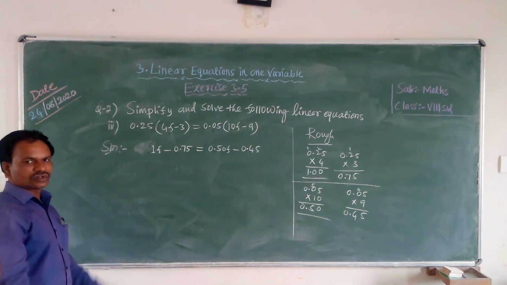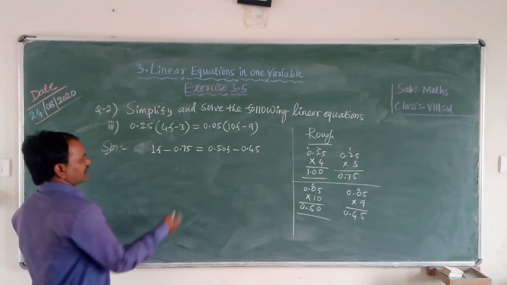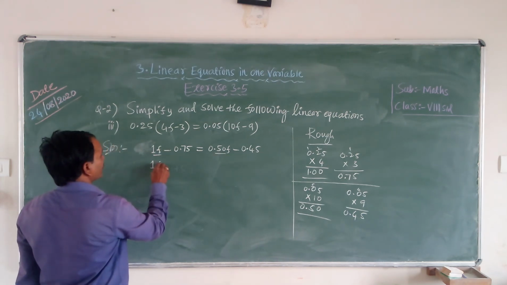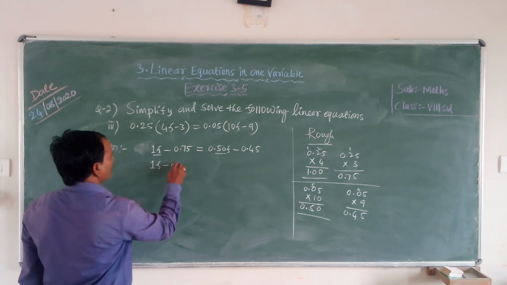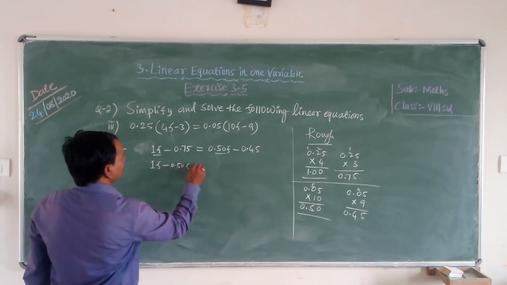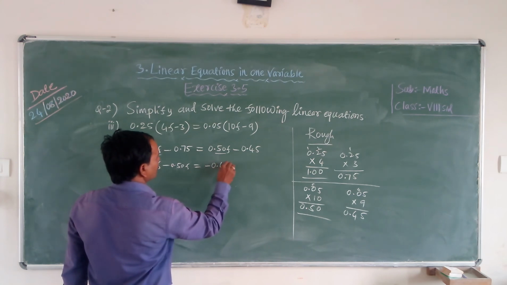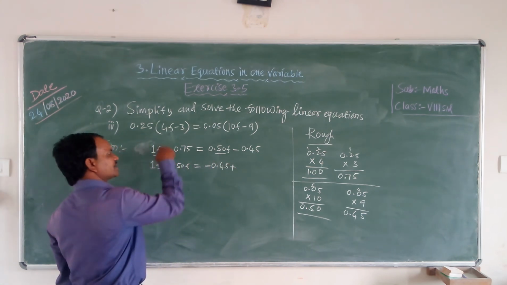Now what are you doing? f on one side. Here also f is there. 1f minus 0.50f is equal to minus 0.45 plus 0.75, the minus transferred as plus.